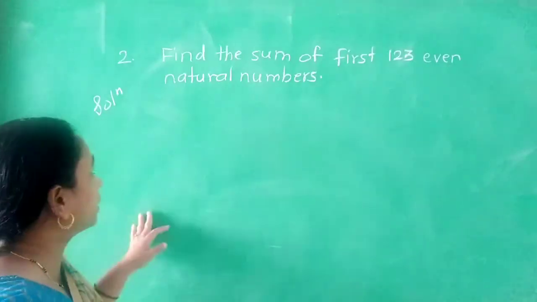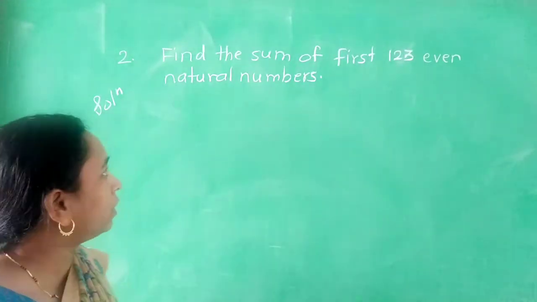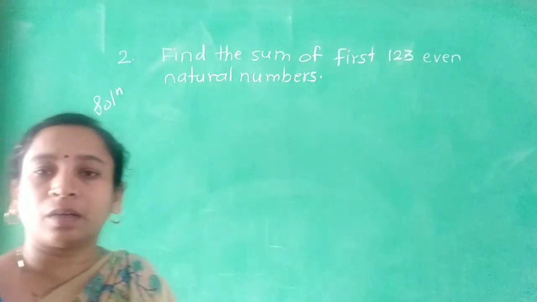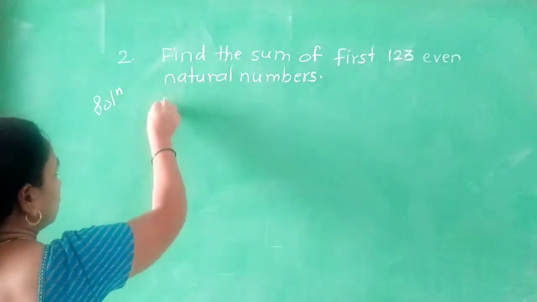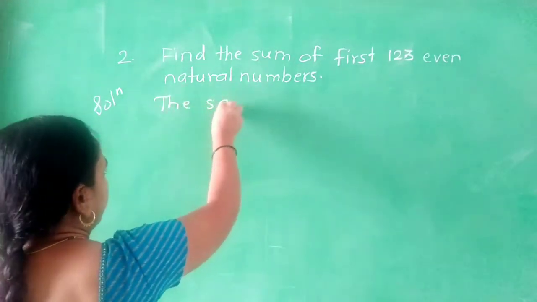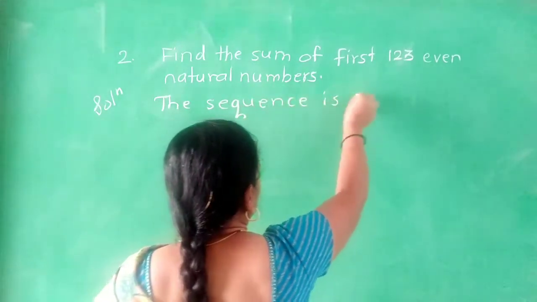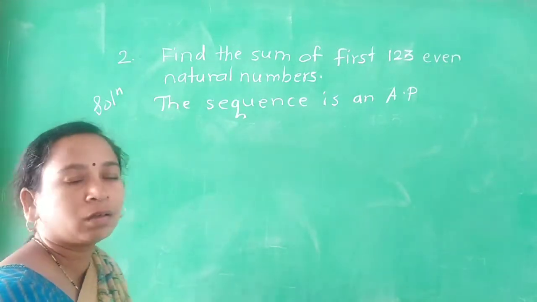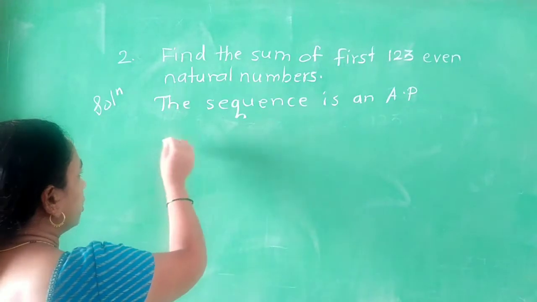Second example: find the sum of the first 123 even natural numbers. I want to find the sum of the first 123 even natural numbers. So first, here I will write the sequence. The given sequence is in AP. So we have to find the sum of the first 123 terms of even natural numbers.